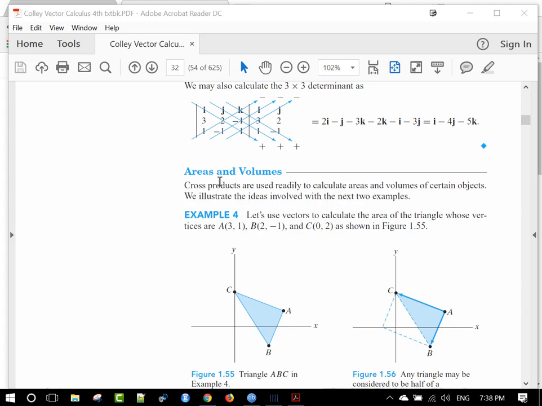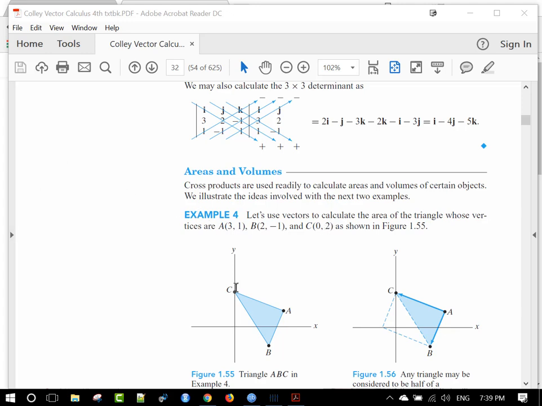For example, if we want to calculate areas and volumes, we could actually use the cross product. So let's use vectors to calculate the area of the triangle whose vertices are A, 3, comma 1, B, 2, comma negative 1, and C, 0, comma 2.